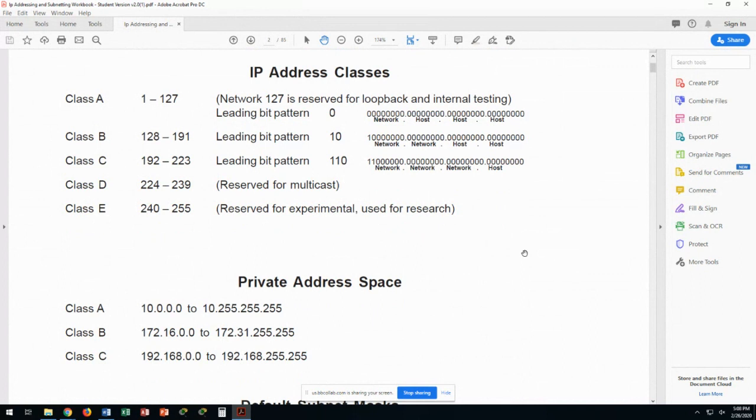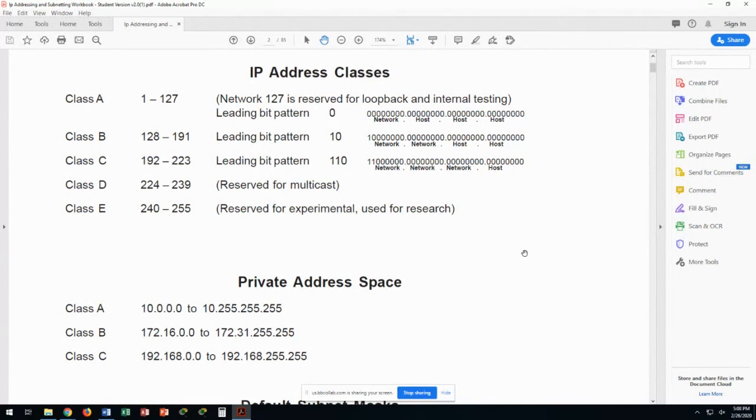But this is IPv4, and the first thing we learned is that there are various classes or categories where we put our IP addresses, based on the first digit of the IP address. IP addresses have 4 numbers between three periods.